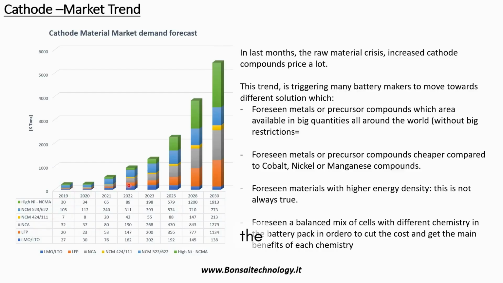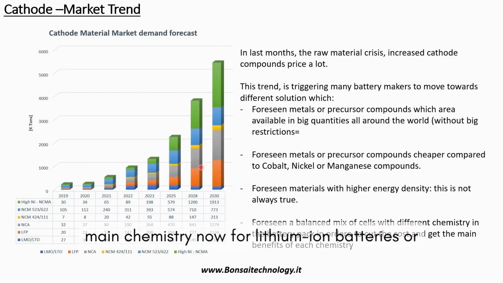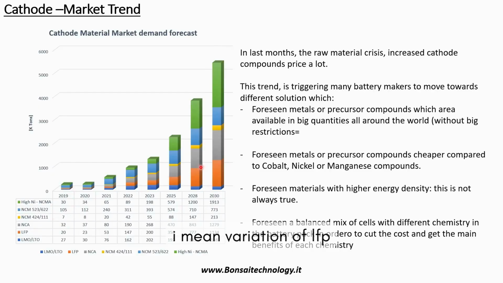So the trend is going up, and if we check the latest analysis in the latest reports, we see that LFP will become the main chemistry now for lithium-ion batteries, or I mean, variations of LFP.